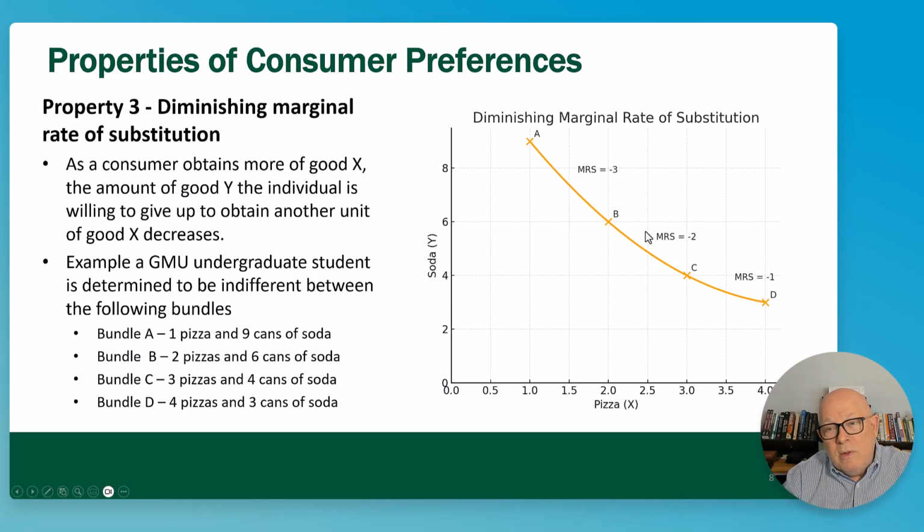So the reason that this curve is shaped the way it is is because there is a diminishing marginal rate of substitution. So we have this convexity to the curve because of that. If we go down here to go from bundle C to bundle D, we're getting 1 more pizza, but we're only willing to give up 1 can of soda in this case. That's because of the diminishing marginal rate of substitution.